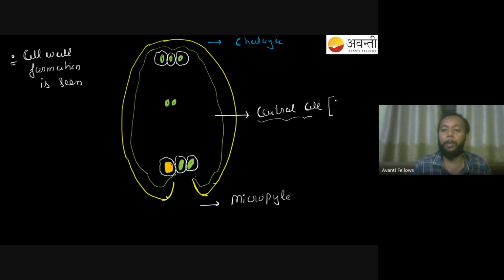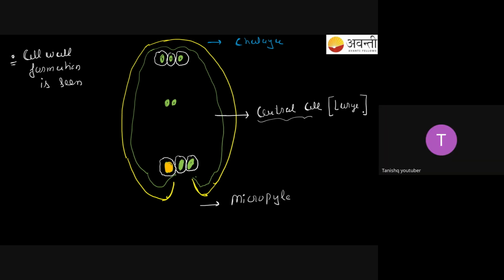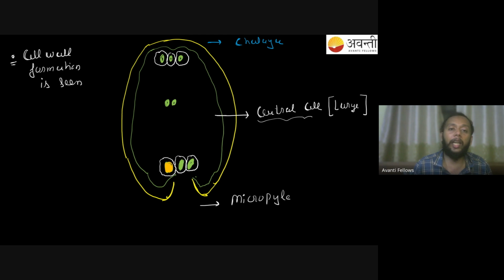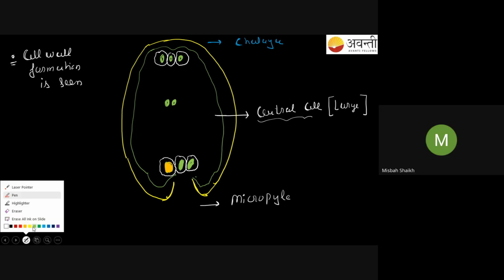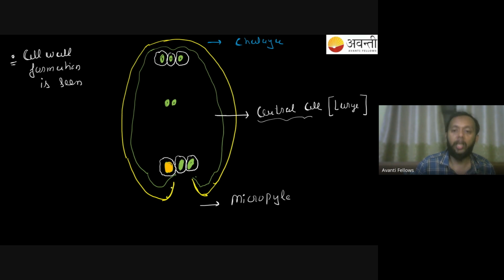So how many cells do I have in total here? 7 cells, I can see 7 cells. How many nuclei can you observe in these 7 cells? 8. You can see the 8 nuclei. That is why I can say it is my 7-celled, 8-nucleated embryo sac.